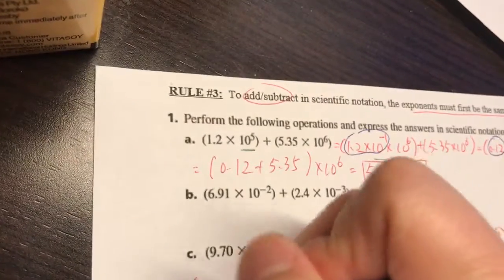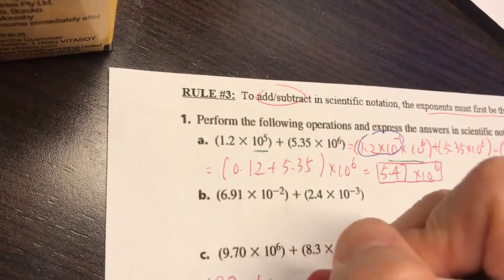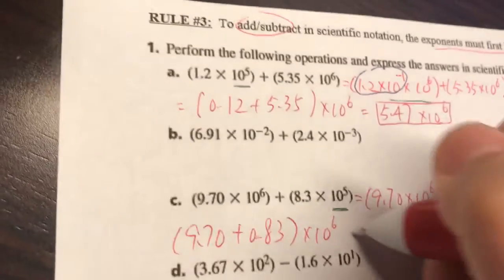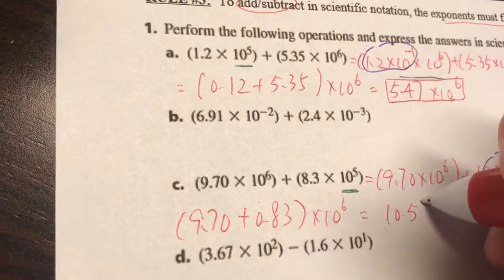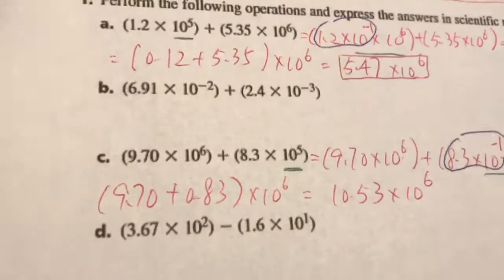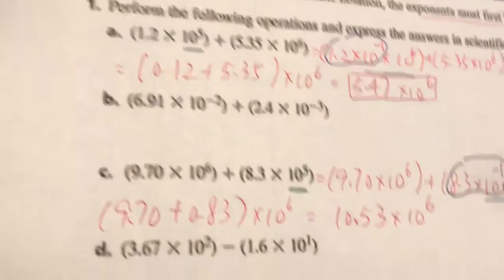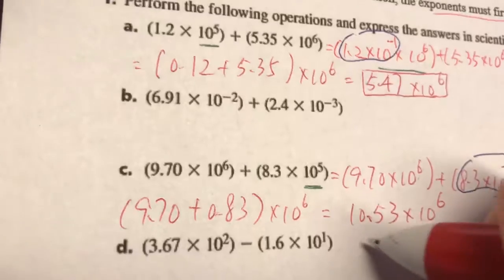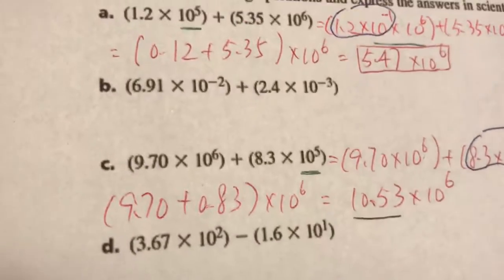Now my common factor is 10 to the 6. Okay, so remember this adds up to 10.53 times 10 to the power 6. Now here, two things. Number one, this is not between 1 to 9.999, right? 10.53 is not, okay?